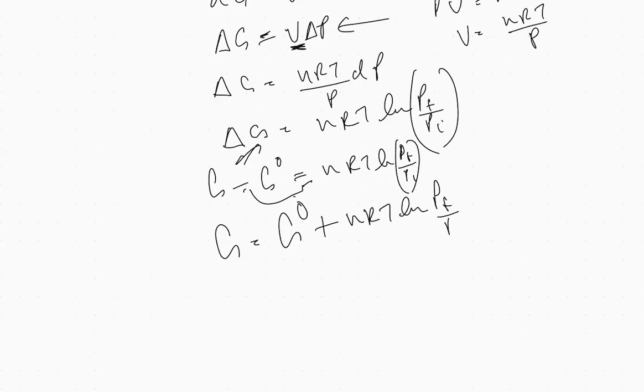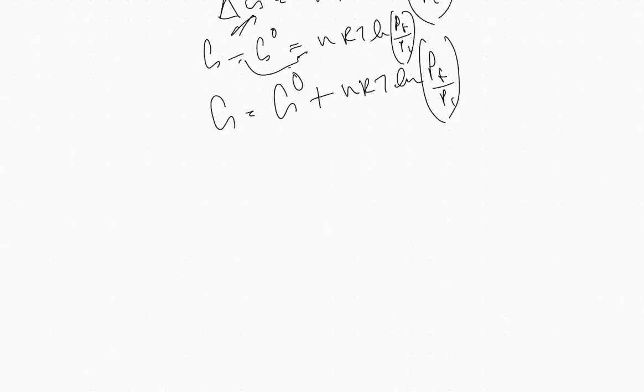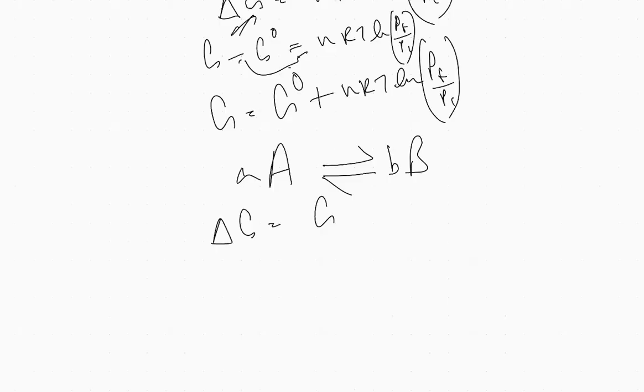Now let us take an equilibrium situation with one reactant A and one product B, with stoichiometric values. Delta G for this is given by G of products B minus G of reactants A, where the pressures are the partial pressures of the species.